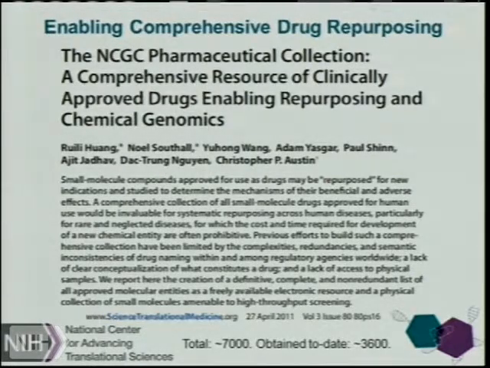And at NCATS, we have obtained close to 3,600 of these. The first 1,000 or so are very easy to obtain. You can buy them as a collection from Sigma Aldrich. There's the NIH clinical collection. There's the Hopkins drug collection. These are all no more than 1,100 to 1,200 molecules.